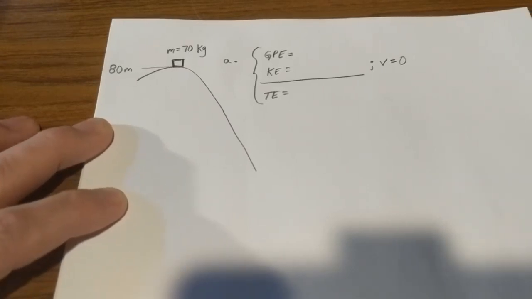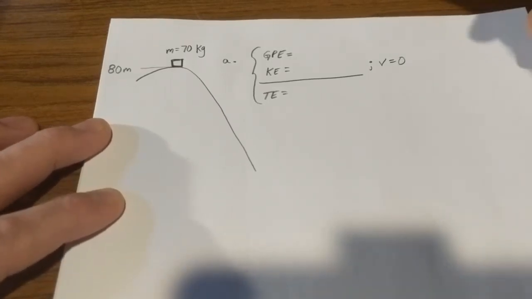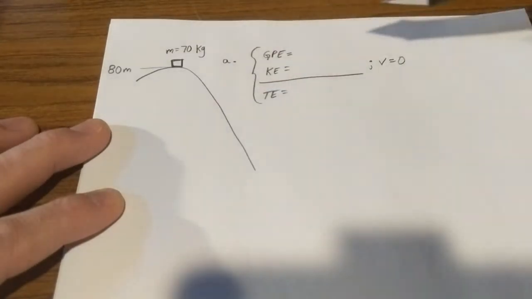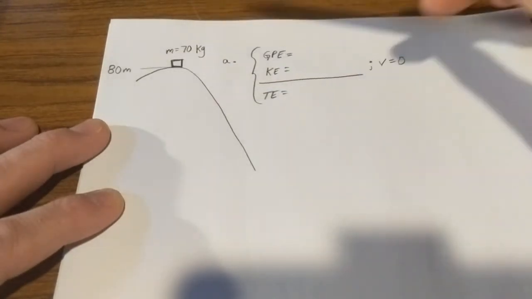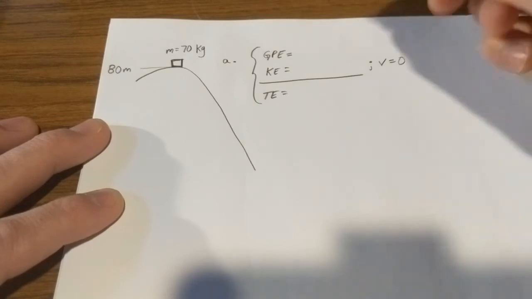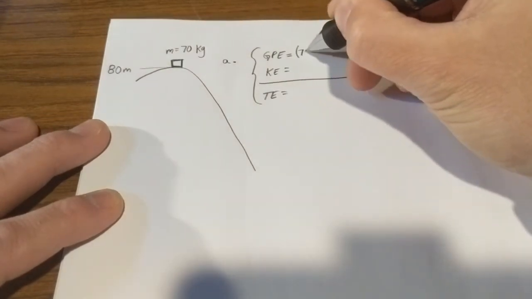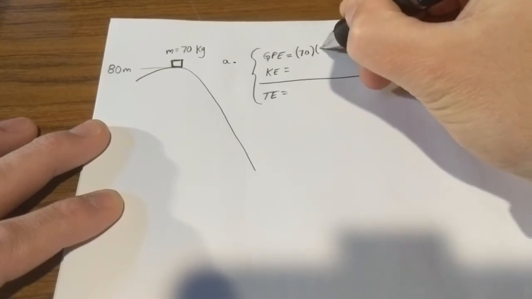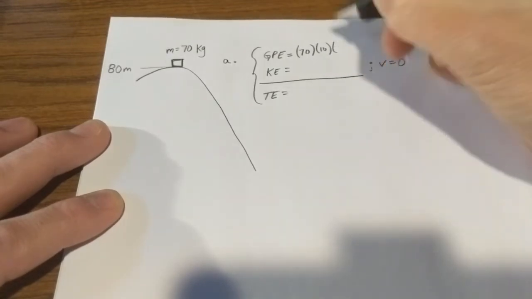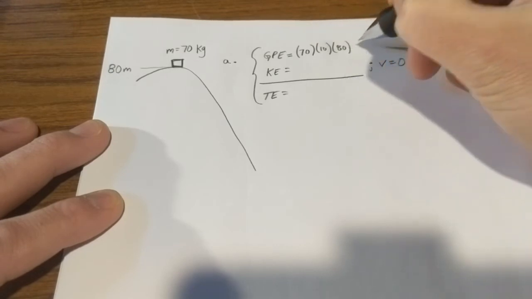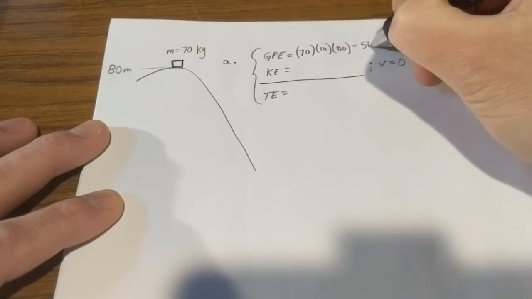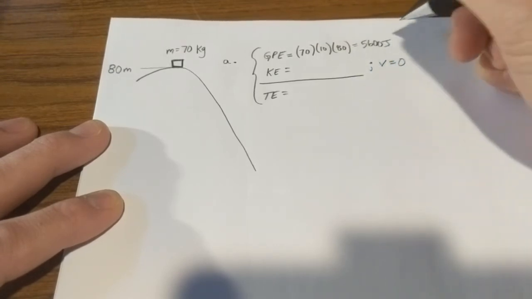Here's part A. We've been given that the roller coaster starts out at a height of 80 meters from rest and has a mass of 70 kilograms. If its mass is 70 kilograms, we can instantly find its gravitational potential energy is 70 times 10 times its height, which is 80, which gives us 56,000 joules.